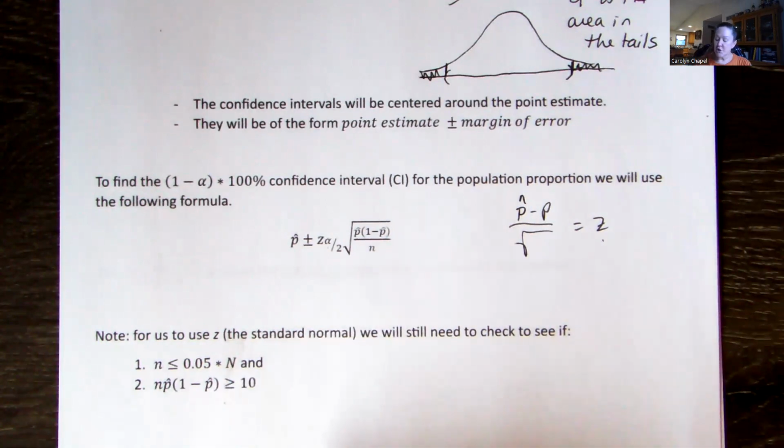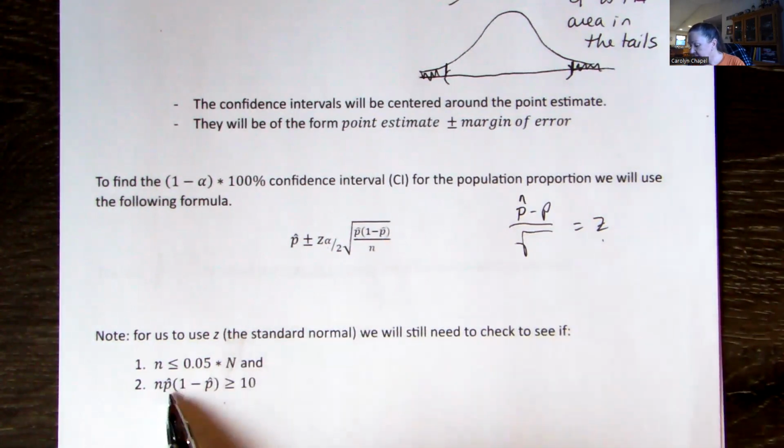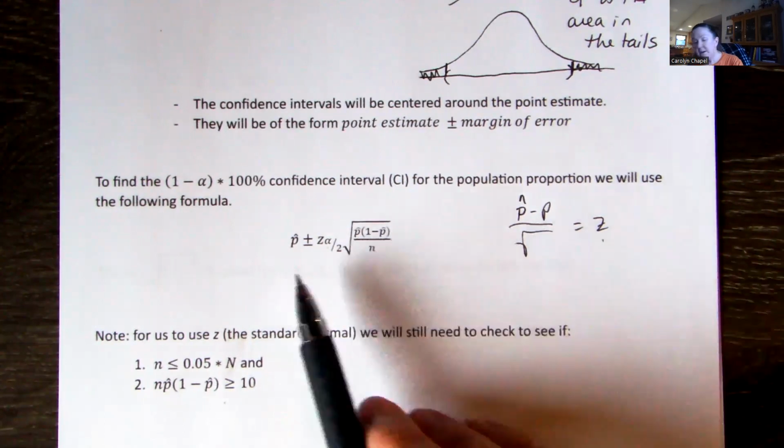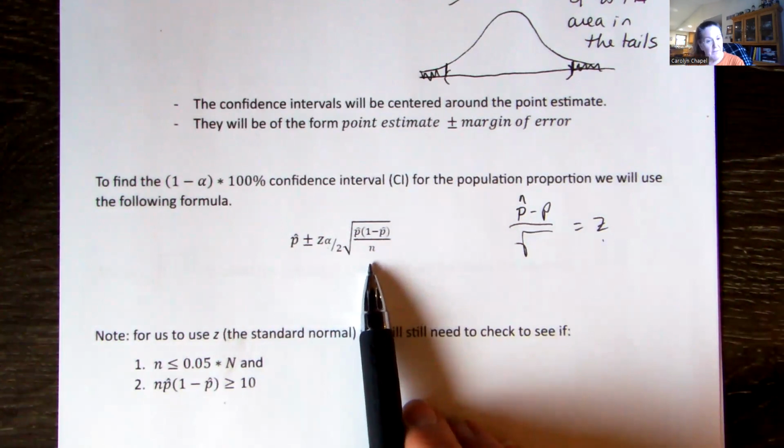Again, that is to make sure that our individuals are independent from one another, and that n times p times 1 minus p is bigger than or equal to 10, so that we get that basically normal looking curve. And if those things can't work, we can create a confidence interval and be confident that our true proportion is within those two ranges.